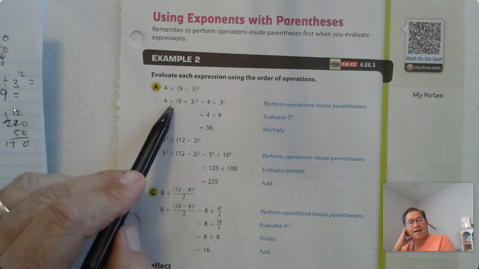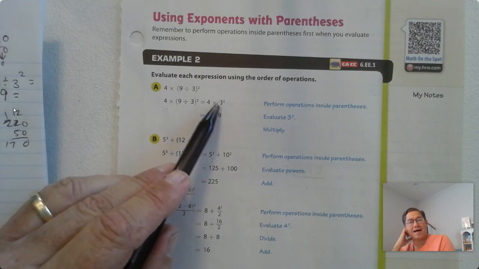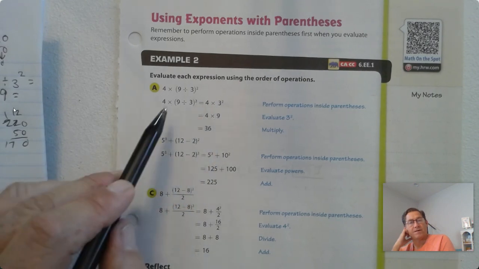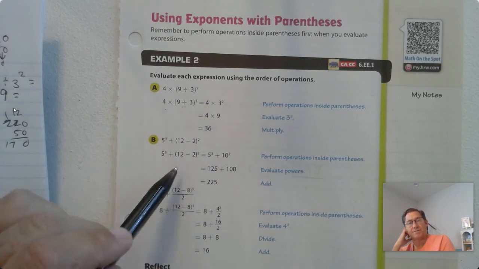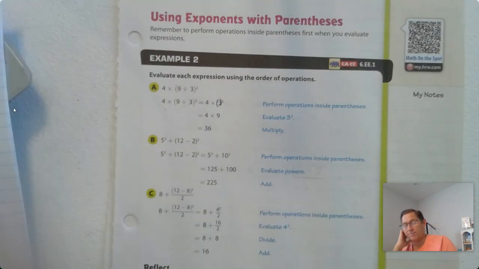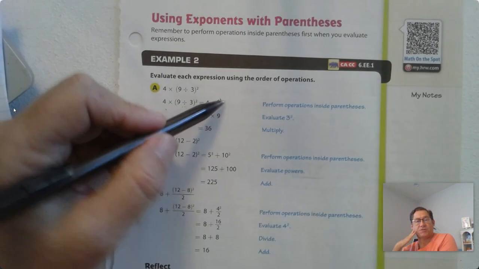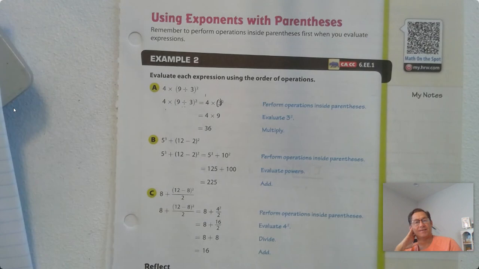So 4 times 9 divided by 3 squared equals 4 times 3 squared. Where did we get the 3 squared from? 9 divided by 3 is 3 squared. So it's the same thing as saying 3 in the parentheses, right? Right. Well, there's nothing now to do in the parentheses. It's just 3 squared. All right, so 3 squared is 9. 9 times 4 is 36.